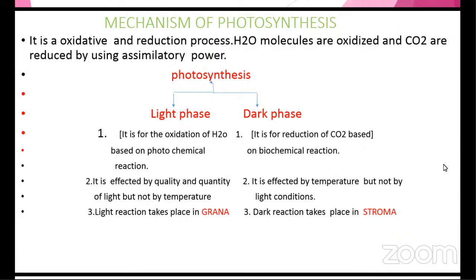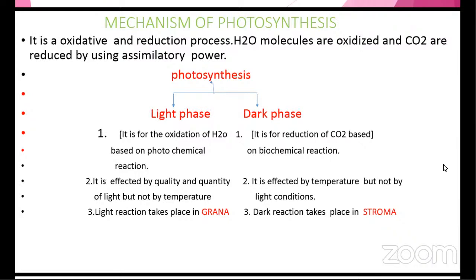That means it is opposite to the light phase. And third, during the dark phase, what is the end product? The end product is starch, and to regenerate it, RuBP. So finally, the end products are starch and RuBP.